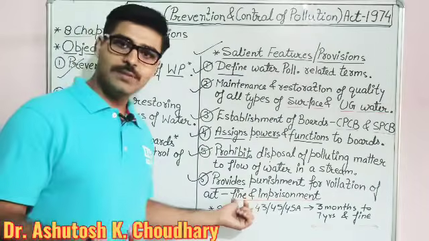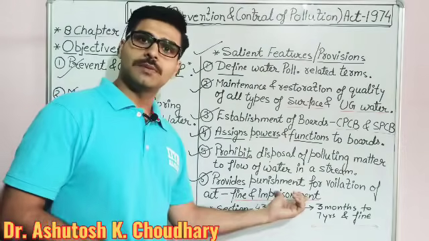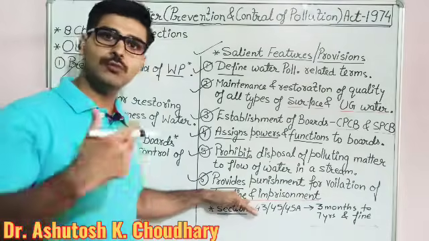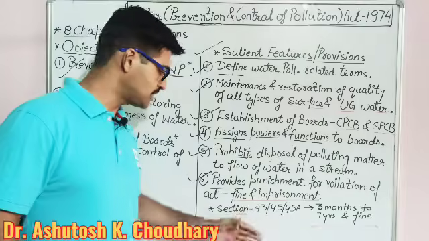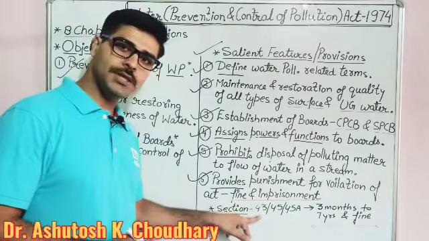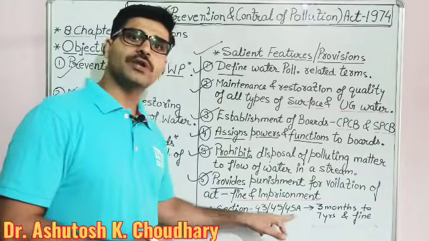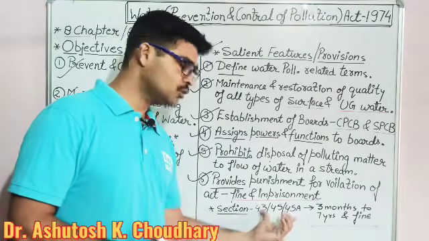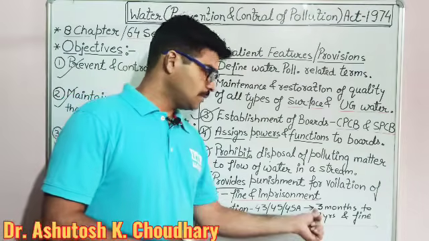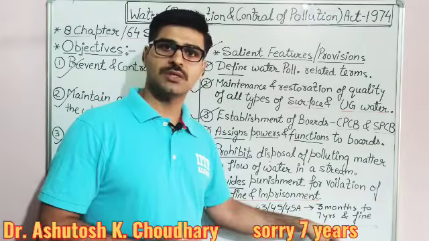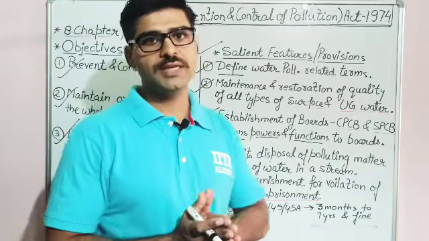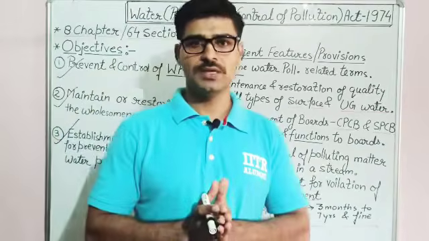So fine may be there or imprisonment may be there. क्या fine होगा, कितना fine होगा, कितनी सजा होगी? This is mentioned in sections 43, 45 and 45A. According to this, imprisonment may be from 3 months to 7 months. So this is all about this act and the salient features of this act. Thank you.